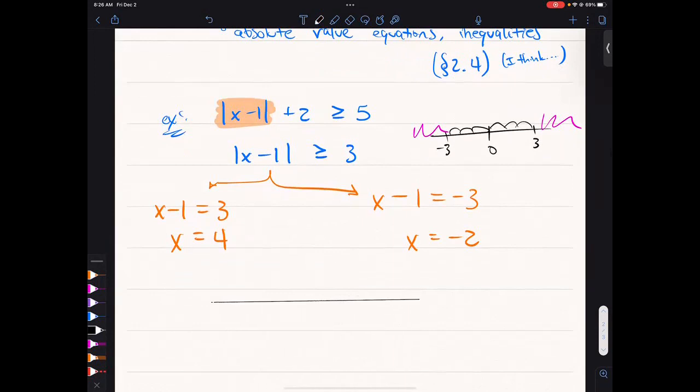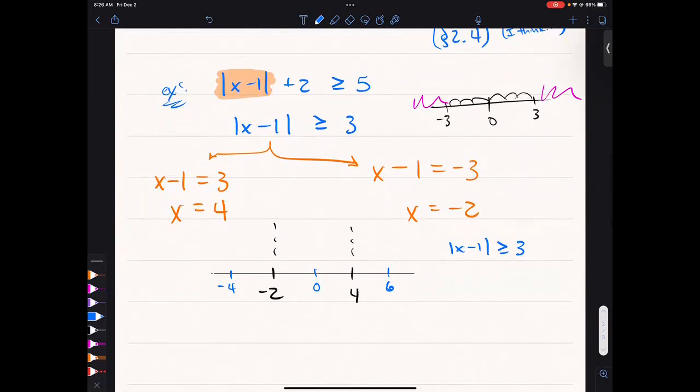And then again, the way I would handle basically every inequality anywhere is to set it up on a number line and just test, right? So use that and check to see what happens for values out here and in between these and out here, right?